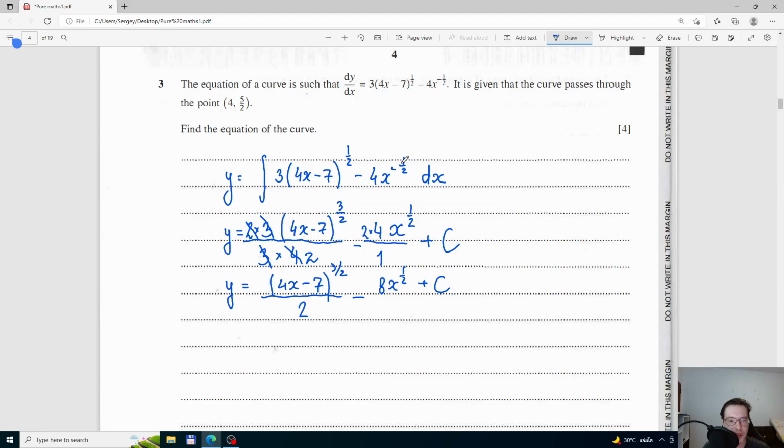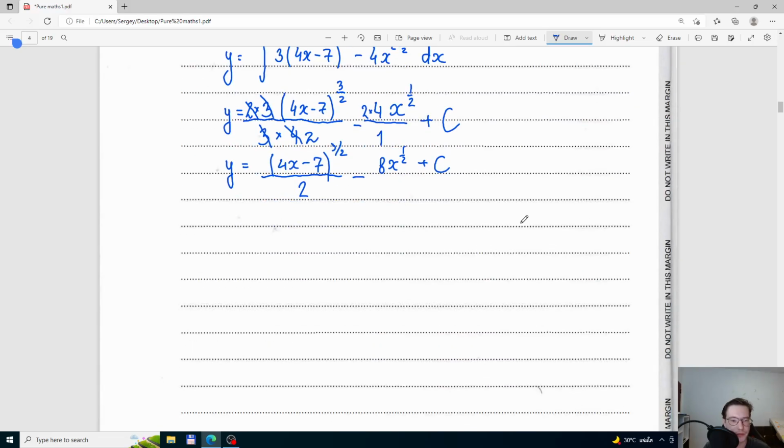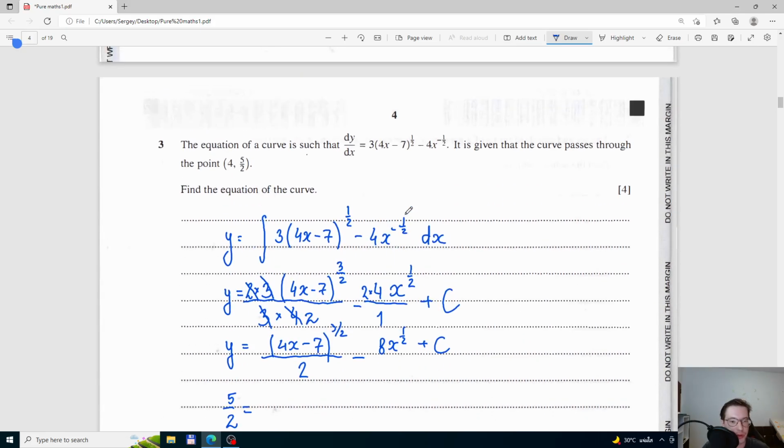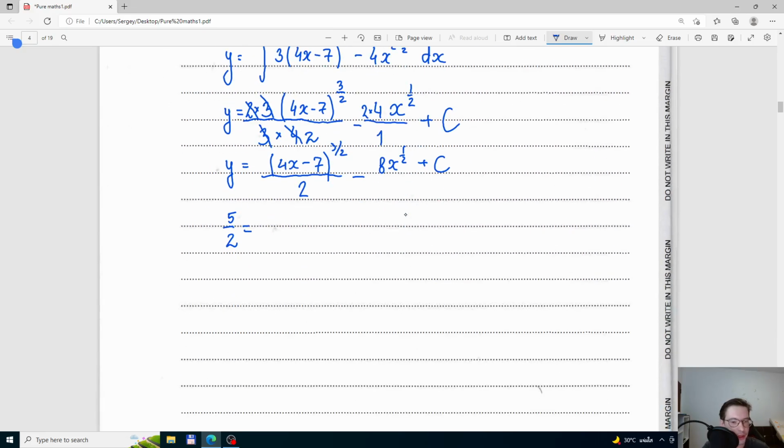Now, in order to find c, we'll have to substitute the point, which is 5 and 5 over 2. So it means 5 over 2, which is the value of y, equals, if I substitute x to be equal to 4, in a bracket, there's going to be 9 to the power of 3 over 2 minus 16 plus c.